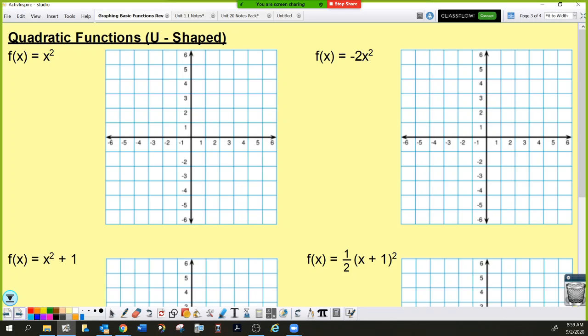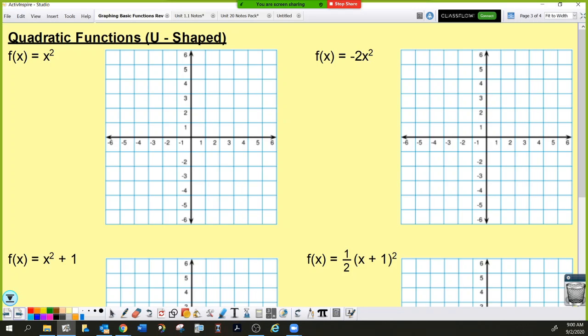All the rules that we just learned about absolute value functions, how do you find their vertex, and how do you move to find the next x values, symmetry, all of those things are also true for quadratic functions. They're all still true. The only thing that changed is the shape of the graph. So while absolute values are V-shaped, quadratics are U-shaped.